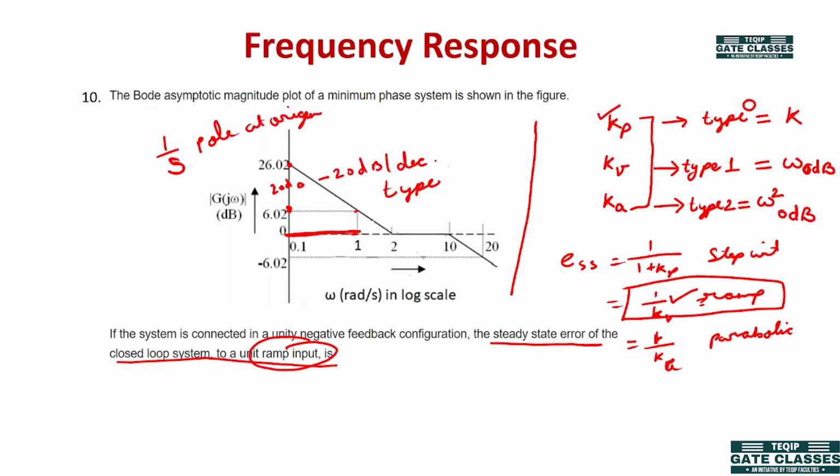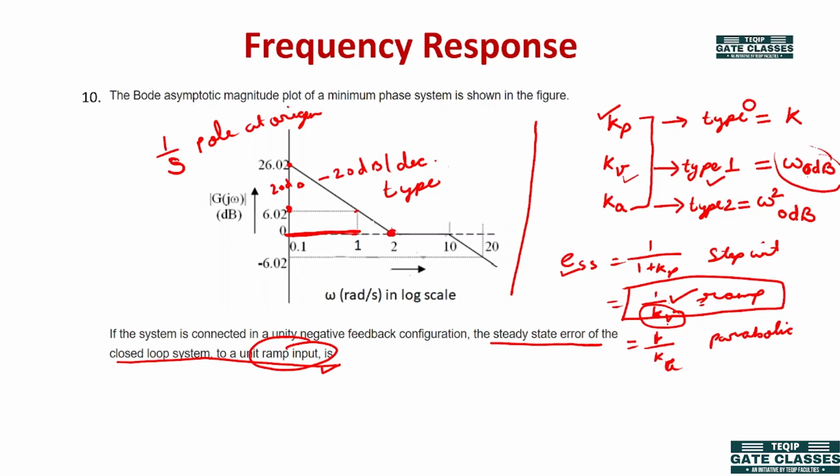Okay, so in this case we have already seen that Kv is calculated for a type 1 system, and here also it is given that we need the steady state error of the closed loop system for unit ramp input, and for unit ramp input the steady state error is equal to 1 by Kv. So we can calculate Kv, and Kv is equal to the frequency at which the gain is crossing the 0 dB line.